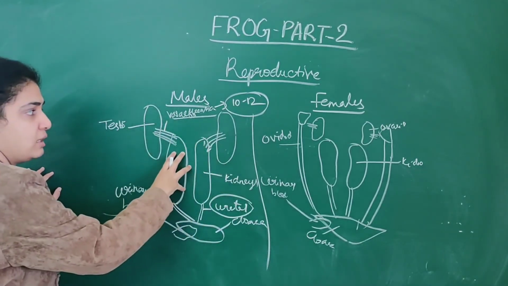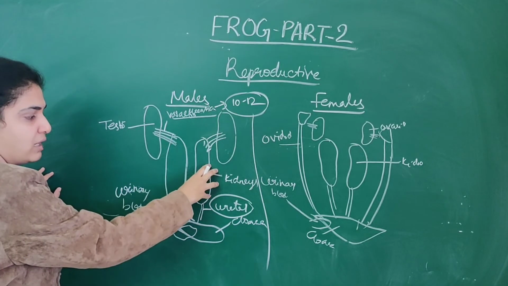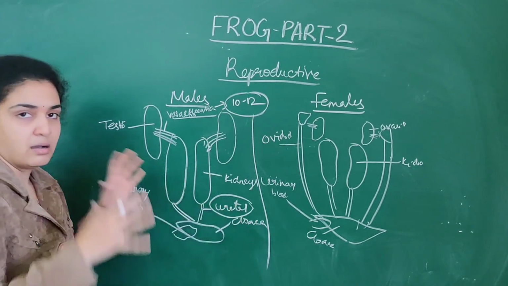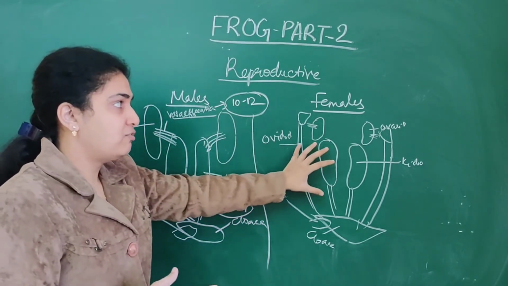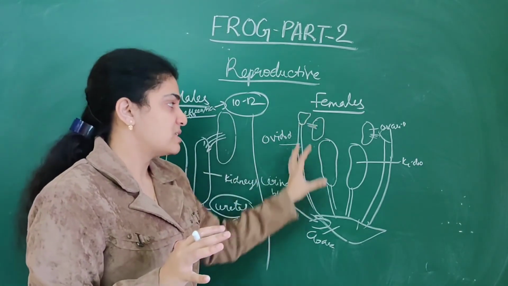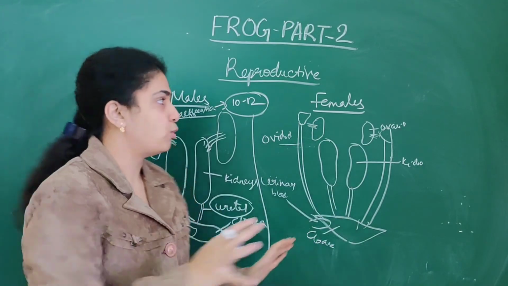In males, through testis, vasa afferentia, they will open into kidneys. So that's why ureter will act as urinogenital tract in males. But in females, ureter will not act like that. Separately oviducts will open, as well as separately ureters will open.